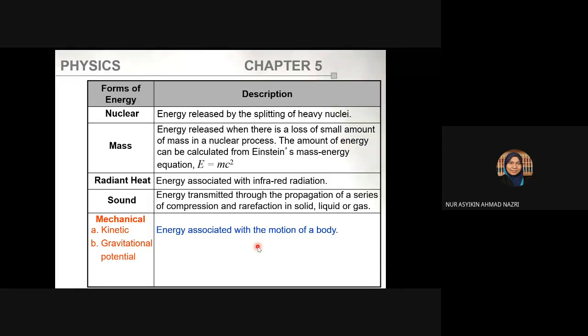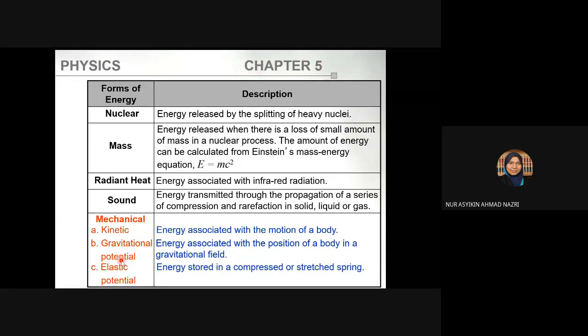And for your syllabus in this chapter, we will only consider the mechanical energy, which is kinetic, gravitational potential, or the other related potential lah. Elastic potential. Only these three energy that we will consider for this chapter.